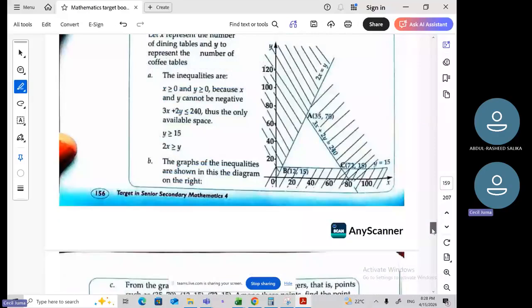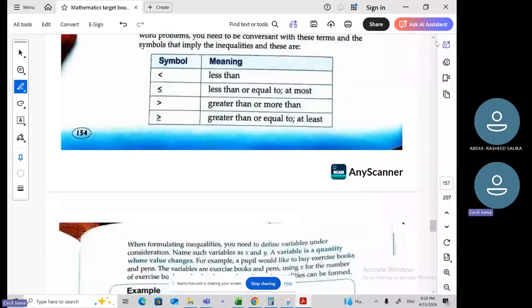So basically that's the explanation from that table. Here, let's look at an example. How do we formulate these linear inequalities?